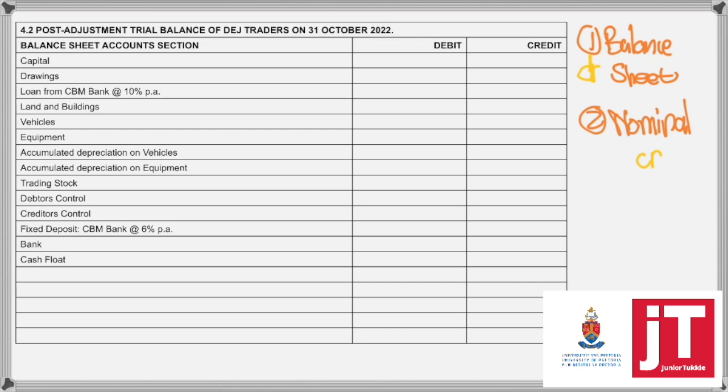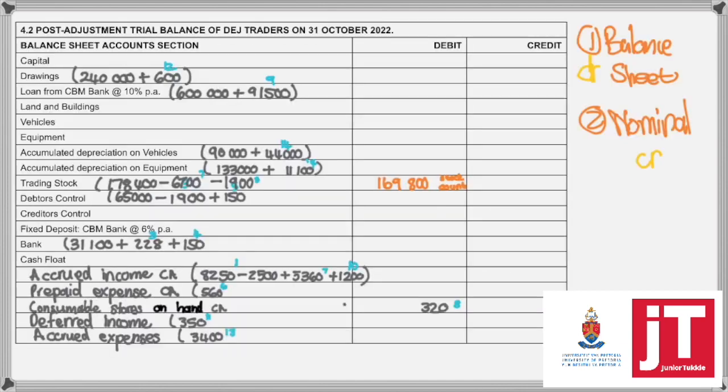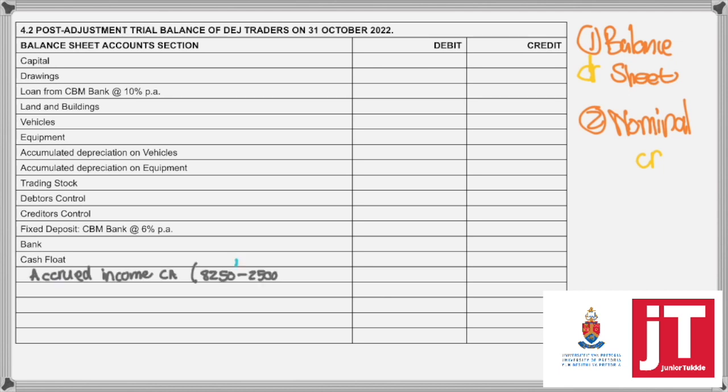Okay, so adjustment number 1 was the rent that was accrued and that needs to be offset against repairs. The first adjustment is then the accrued income. So 8,250 Rand was accrued, but we need to minus 2,500 Rand off for the repairs.